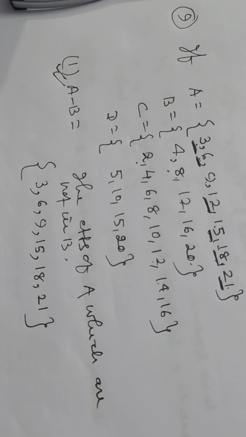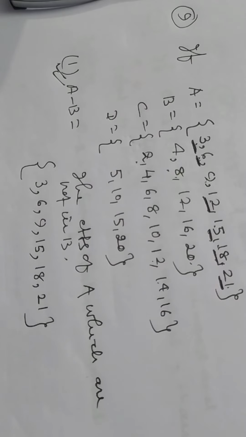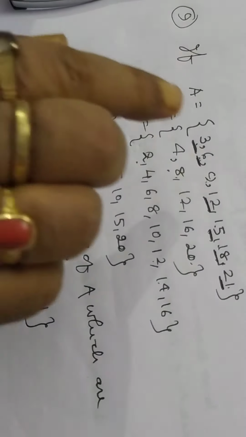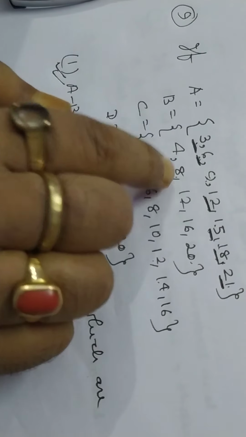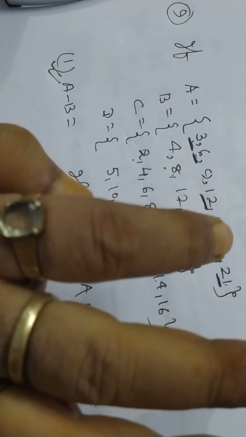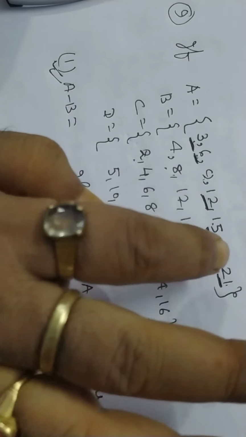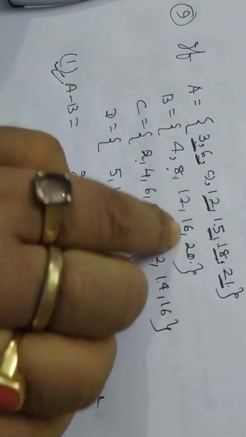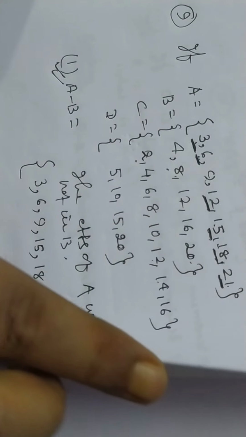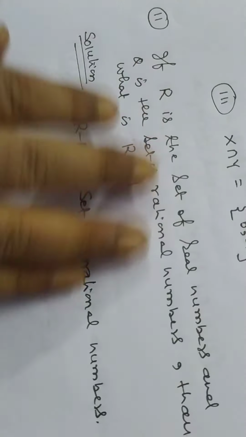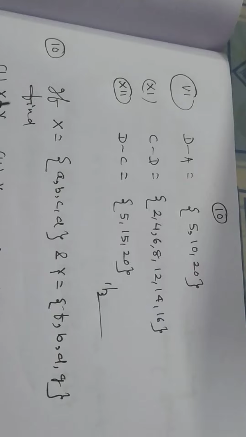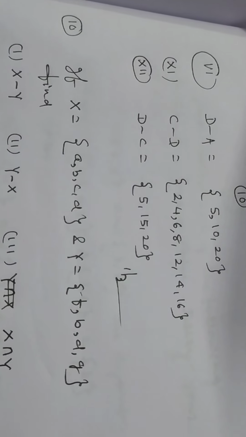The collection of elements of A which are not in B. Now select those elements of A which are not in B. Therefore, A minus B is equal to this much. So this is very, very important for the purpose of examination.